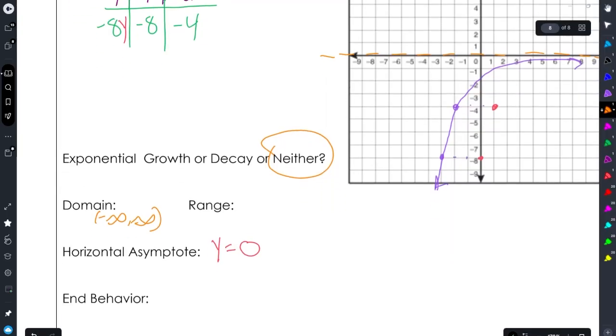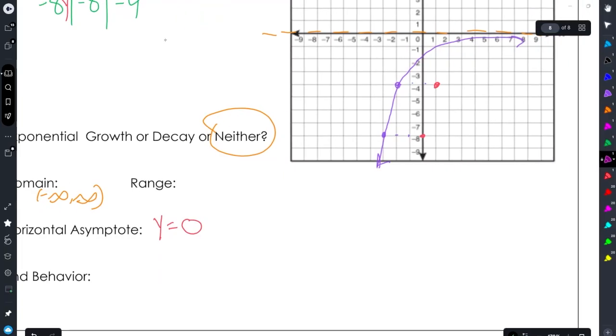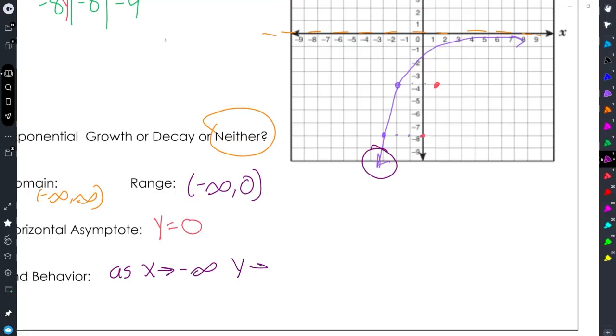The range is going to be negative infinity, comma, the asymptote, which is 0 because we're going down to negative infinity right there. So now for the end behavior, as x approaches negative infinity, the y values are going down to negative infinity, and as x approaches positive infinity, y is approaching the asymptote, which is 0.